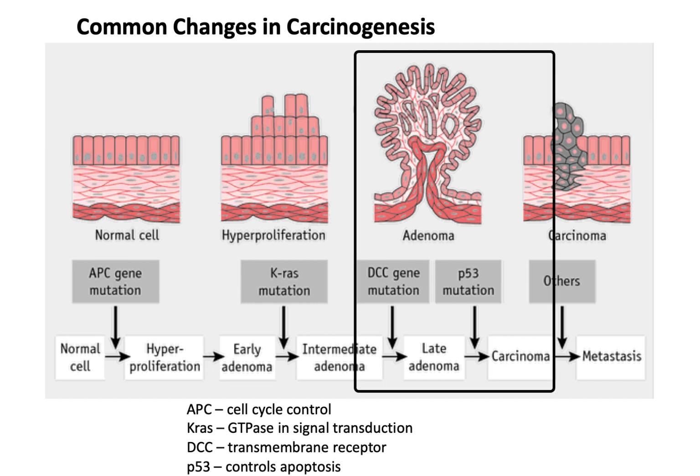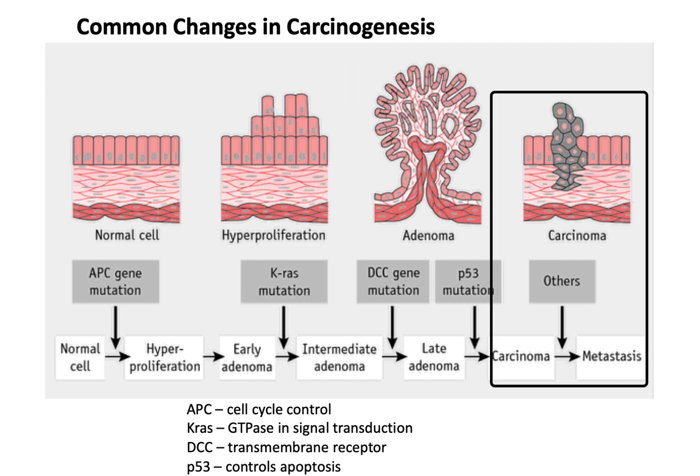Eventually, a mutation in DCC causes even more cell proliferation. A loss of p53 means that those cells now become immortal. That is, the p53 controls apoptosis, and now that apoptosis does not occur, so the cells live forever essentially. And then other mutations occur, causing a carcinoma, and then you get invasion eventually and metastasis.